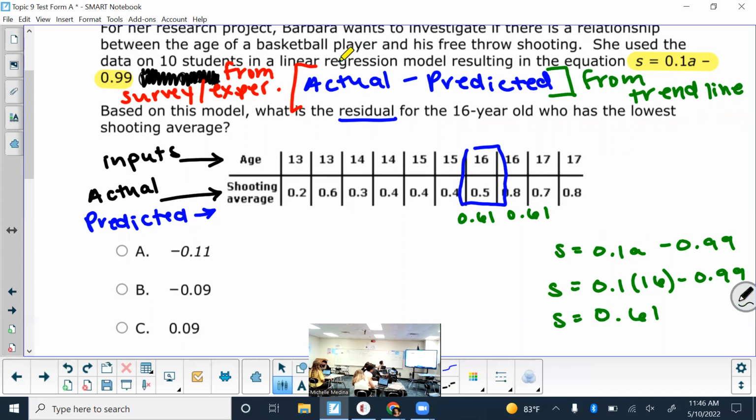So if my residual formula is actual minus predicted, then it's 0.5 minus 0.61, which equals what? Negative 0.11. So that's why the answer was A.